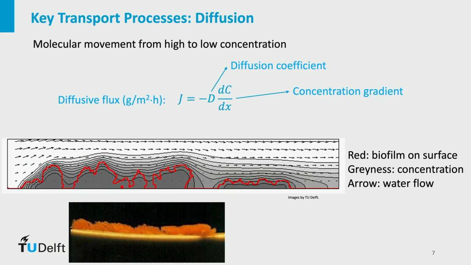Next is diffusion. Critical when bacteria are immobilized in biofilms or flocs, as is common in wastewater treatment for biomass retention. Substrates, like oxygen, reach these bacteria only through diffusion, driven by concentration gradients. In this image, you see within a red line a biofilm with a stagnant liquid layer outside of it.